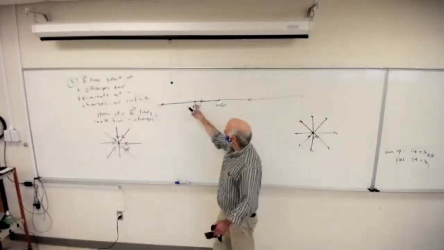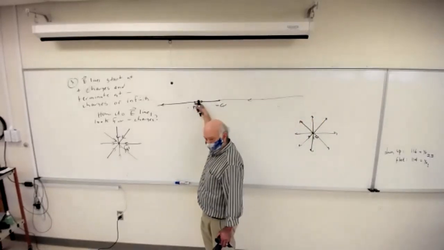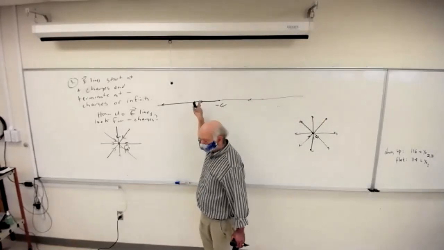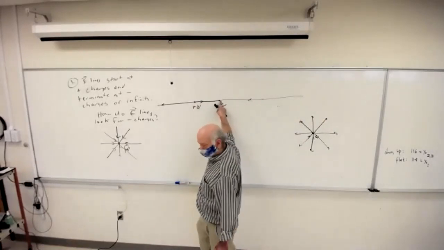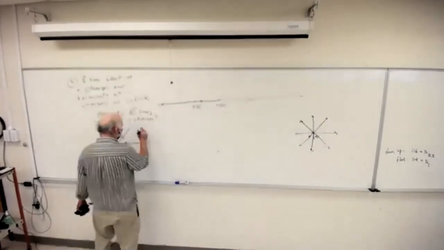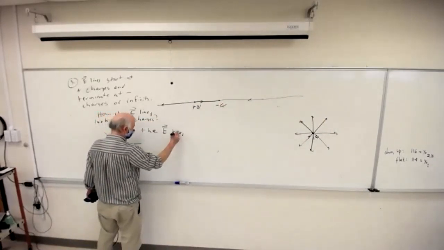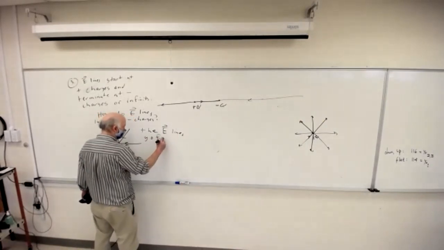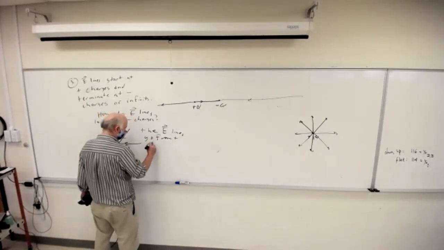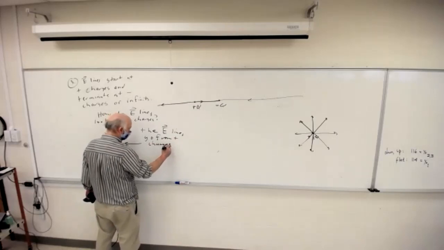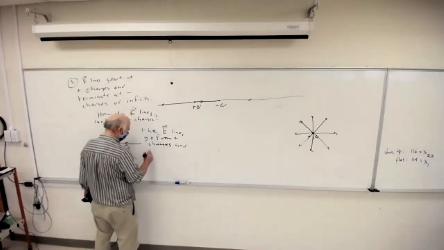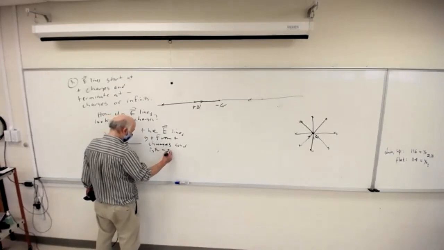So the E lines start at positive charges, right? So they go away from positive charges, and then they terminate going into here. So by this, I mean the E lines go from positive charges and into negative charges.